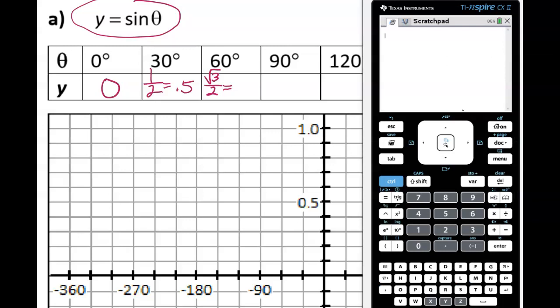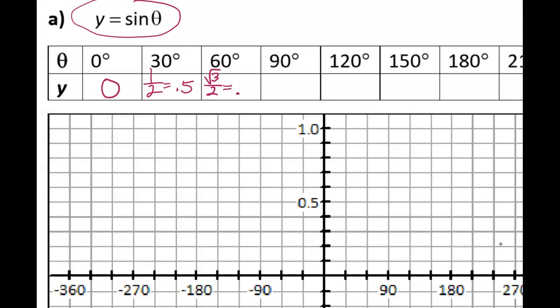So we're going to grab our calculator here and just type in the square root of 3 over 2. If you type that in, you have to be very careful to use your cursor and get out of the square root before you write the division. And that's about 0.87. I don't think I can graph it to 3 decimal places, so I'm just going to write 0.87 there.